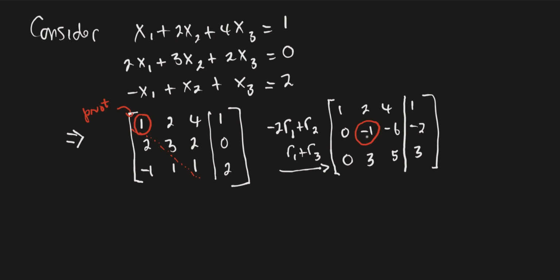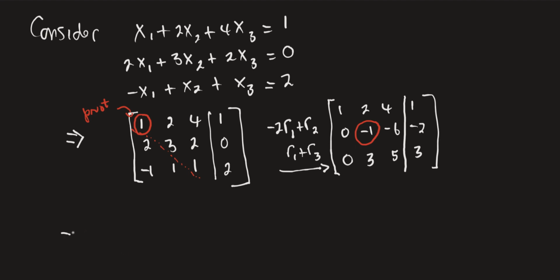Now a -1 pivot is just as useful as a +1 pivot. But what if you wanted to get into the habit of always having a +1 as your pivot? Well, in that case, we would have to use another elementary row operation, and we would multiply row 2 by -1 if we wanted this to be a +1. So we could do that, because we have that operation.